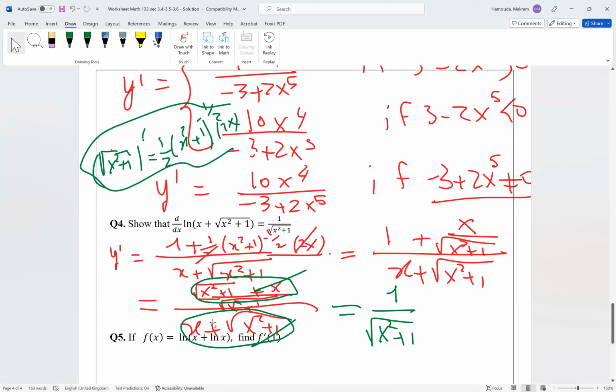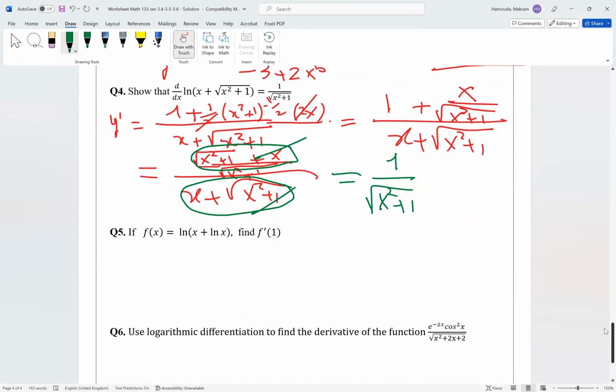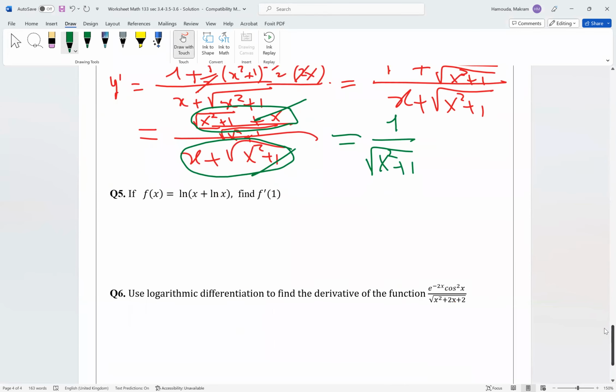Okay, now question number 5. So again here, logarithmic function. So f prime of x will be equal to x plus ln x, and in the numerator the derivative, which is 1 plus 1 over x, because the derivative of ln x is 1 over x.